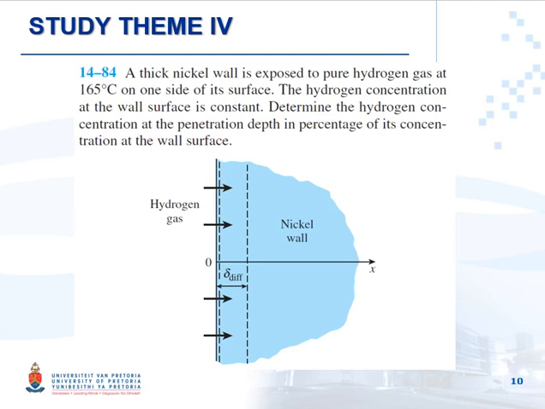So what we need to do is first find the penetration depth. After we find the penetration depth, we need to use that x, or penetration depth, in the equation that we had here.